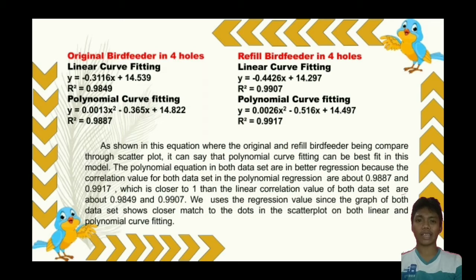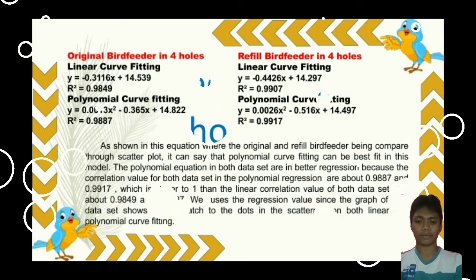Then the linear correlation values of both data sets are about 0.9849 and 0.9907. We use the regression value since the graph of both data sets shows a closer match to the dots in the scatter plot on both linear and polynomial curve fitting.